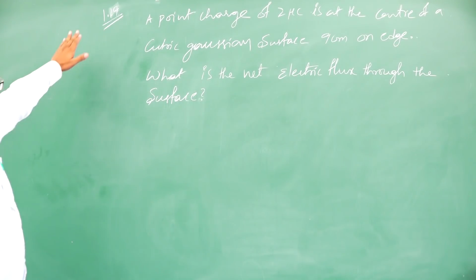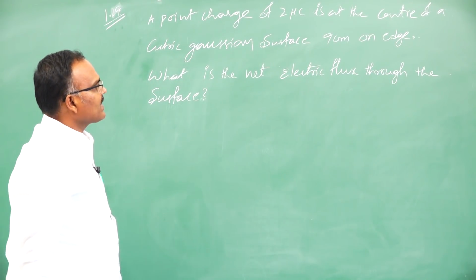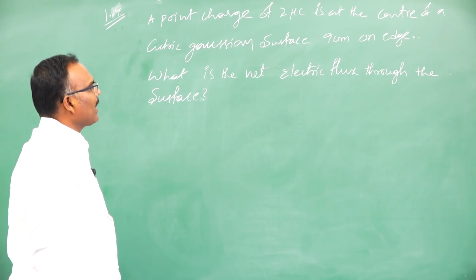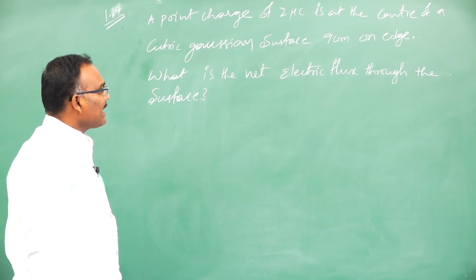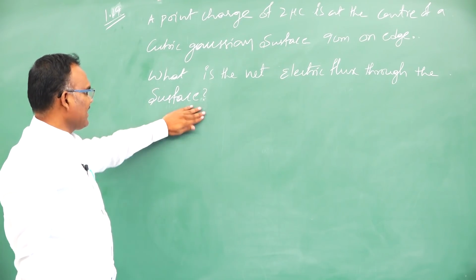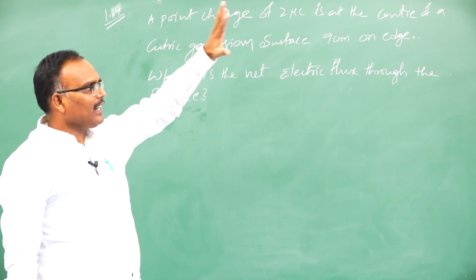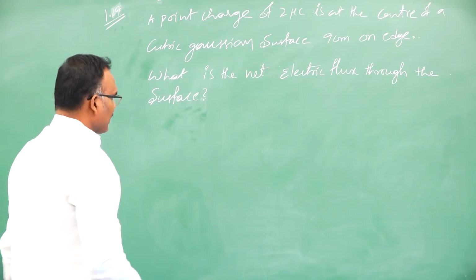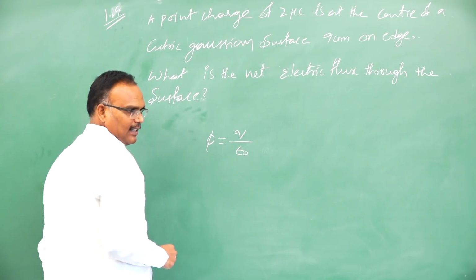Next, 1.19. A point charge of 2 microcoulomb is at the center of a cubical Gaussian surface, 9 centimeter on a side. What is the net electric flux through the surface? That means here they are asking for the flux through the entire cube. So flux phi is simply Q by epsilon naught.